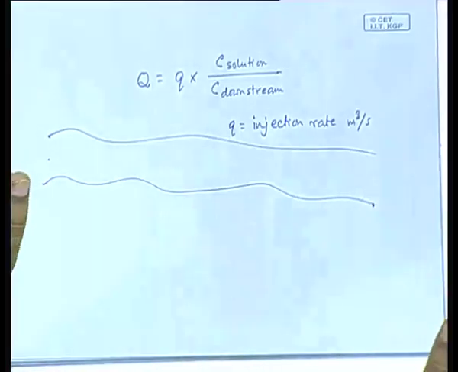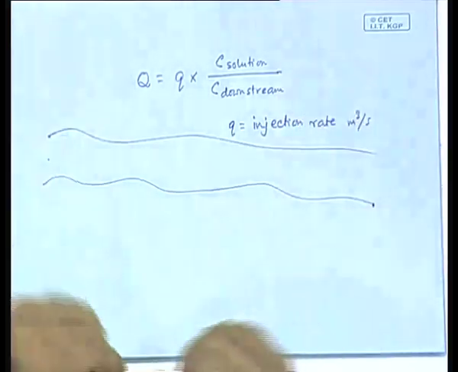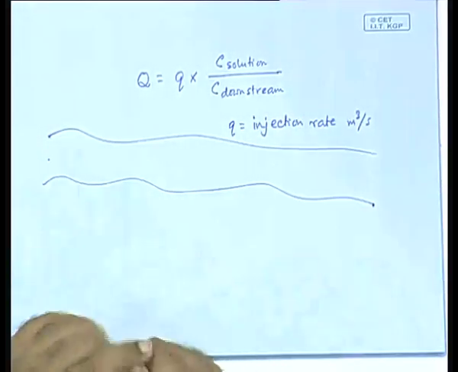After you have started dropping it, the concentration will start building up there. After some time it will reach a stability. The rate of injection and the concentration at the downstream point will reach a stability, and then only you measure it. Then this relationship will be valid.